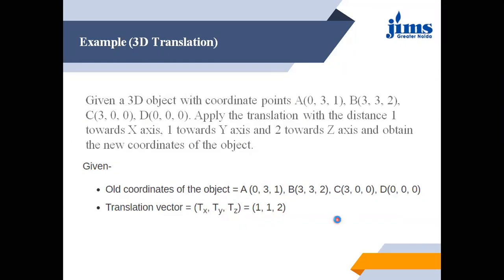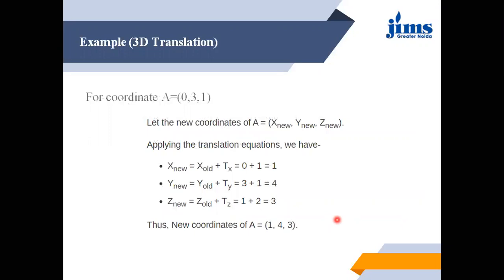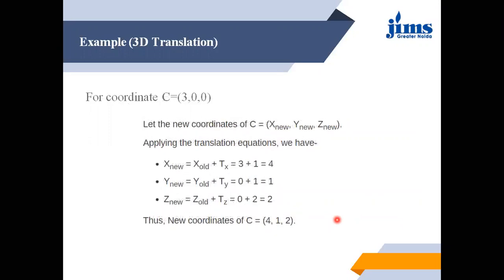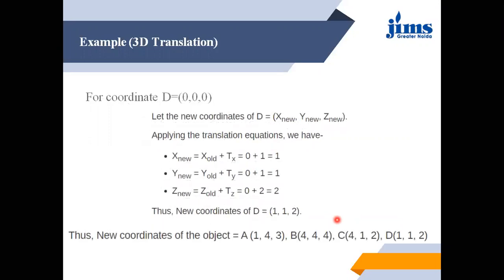By applying the translation on all the points A, B, C and D, we find the new coordinates: A is 1, 4, 3, B is 4, 4, 4, C is 4, 1, 2, D is 1, 1, 2. So this is the way by which we can find the translation of an object.